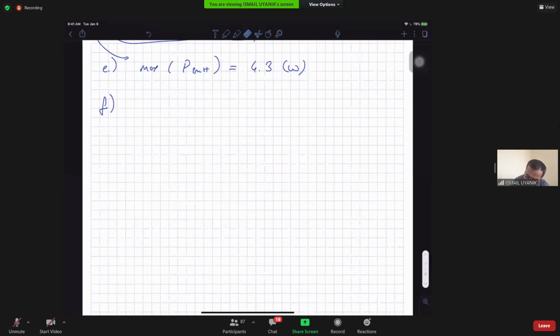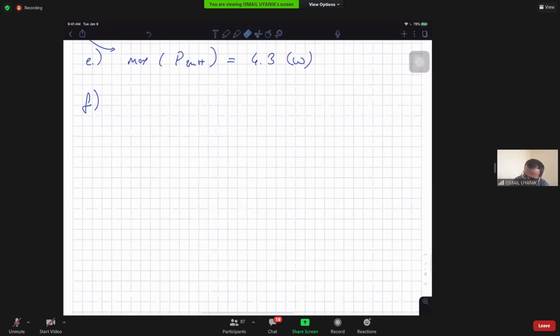The energy is 1/2 times L times I squared, right? So in order to find the maximum, we will take the derivative of this with respect to t and set it to 0, and then we will find the time instant, and then we will calculate this.